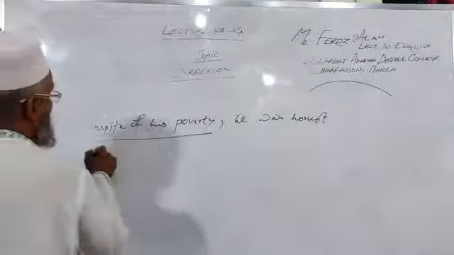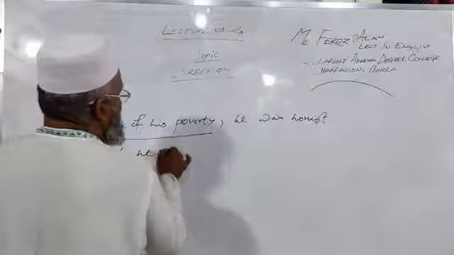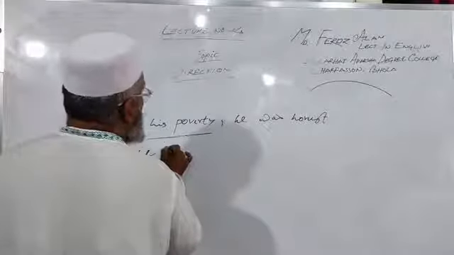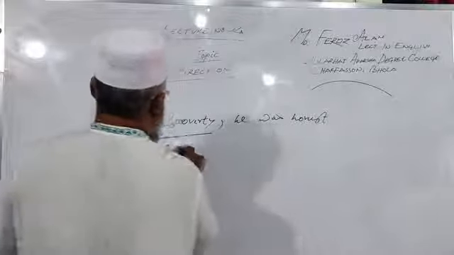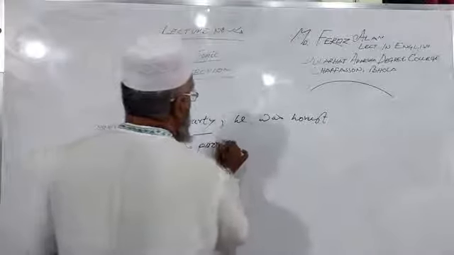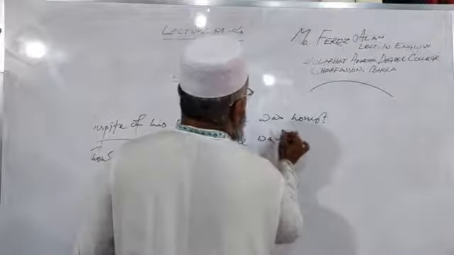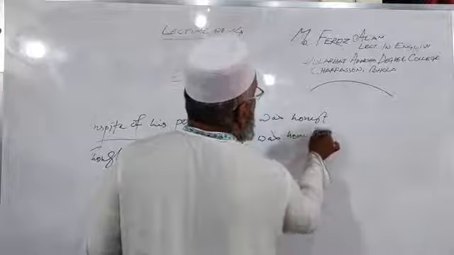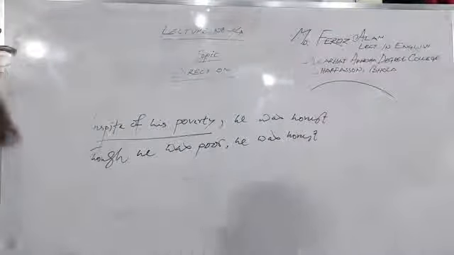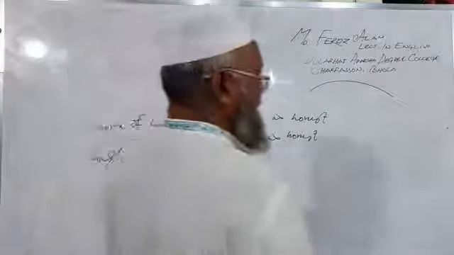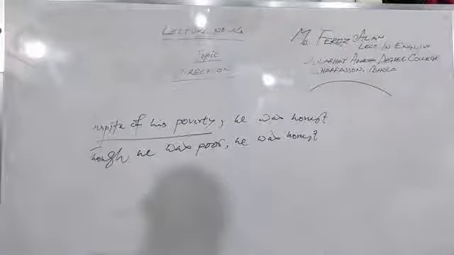In this way: though he was poor, he was honest. Here we find, when you find in spite of and despite, in that time you can make a complex sentence with the help of though, although, and even though.